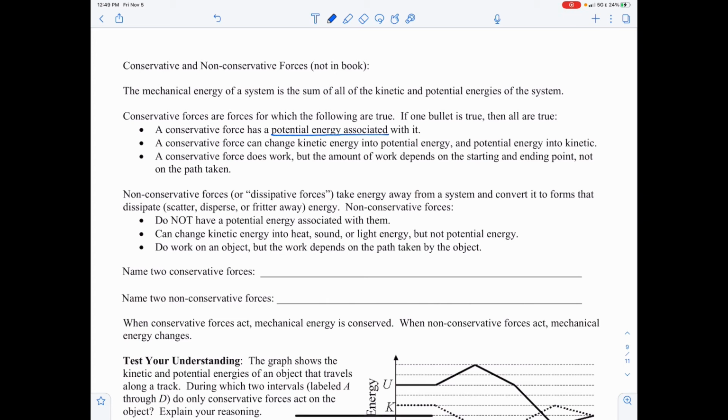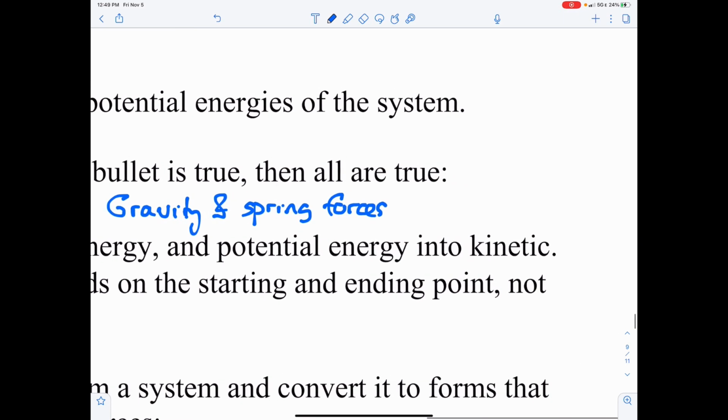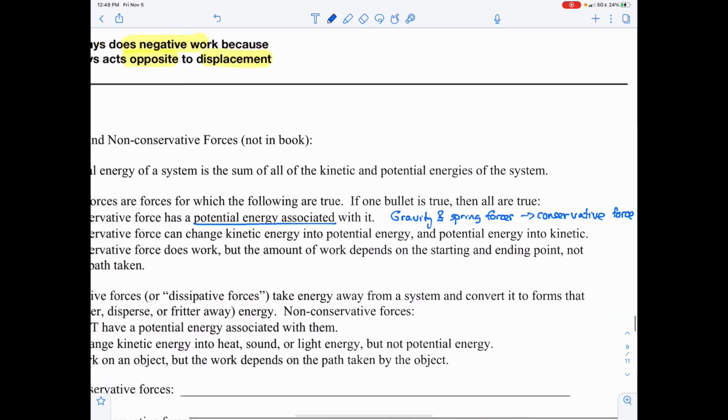So that would be gravitational potential energy, spring potential energy. What that tells you is gravity and spring forces, because those are forces that have potential energies associated with them, are conservative. Another one that we haven't really been exposed to would be an electrical force.